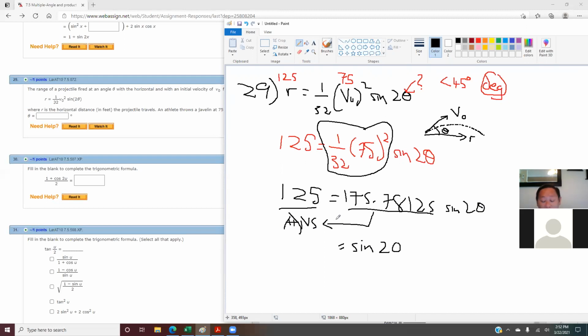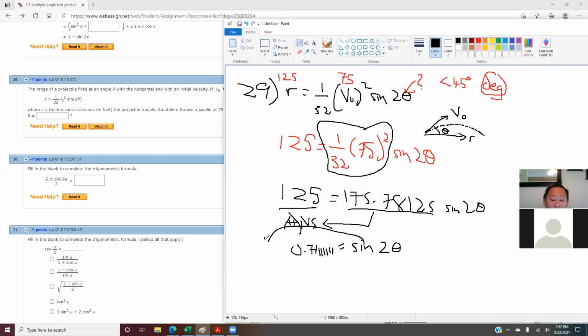So 125 divided by ANS, you will get what? And if you don't have ANS, you have to type all these numbers inside. Okay, so I got 0.71111, right? Yeah.